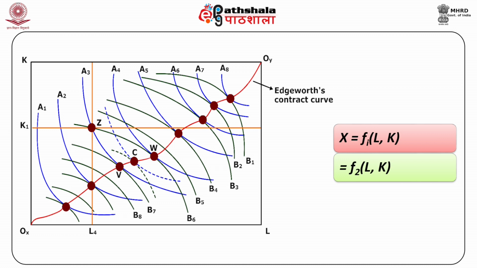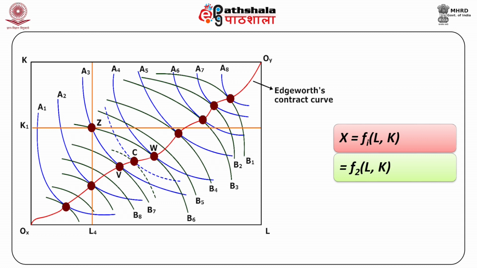Therefore, the point Z which lies on B6 is not an optimal level of factor use. So if we shift from Z to W, what we notice is that B6 and A4 are tangential to each other. More of this would be clear if we consider the other levels as well.